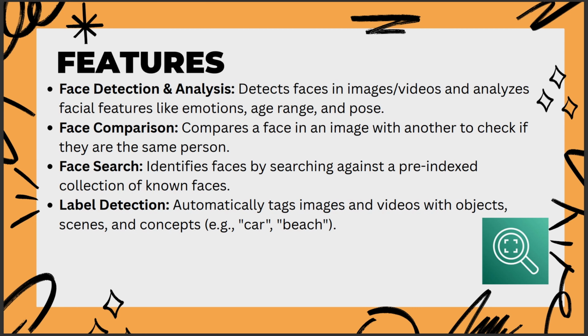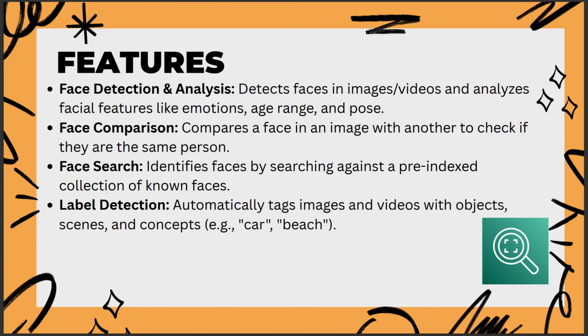It has face search, which means it identifies faces by searching against a predefined collection of known faces. And then it also has label detection, which means it can automatically tag images and videos with objects in a scene or concepts. For example, you can give it an image of a city and it will say, okay, this is a car, or this is a building, these are people.